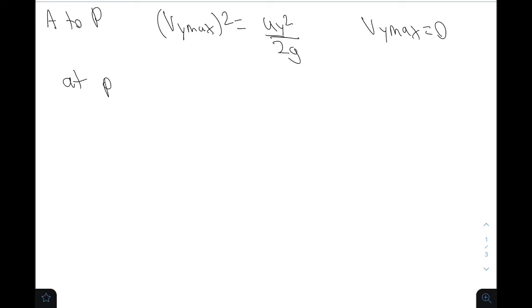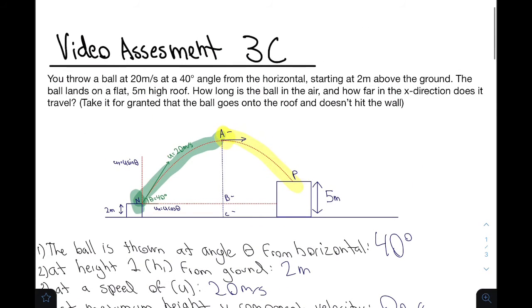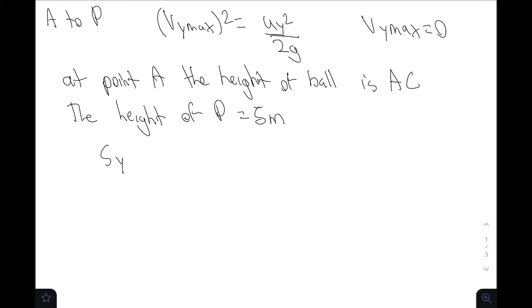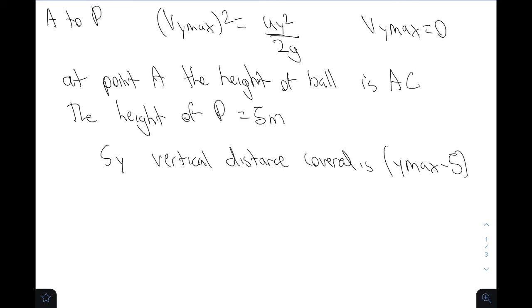And we know that at point A, the height of the ball is AC, as shown on the diagram. For the height of point P, the vertical distance, Sy, is going to be Y max minus 5, because it's 2 minus 5, which is the initial height and the final height.